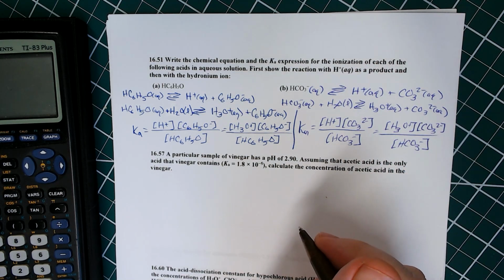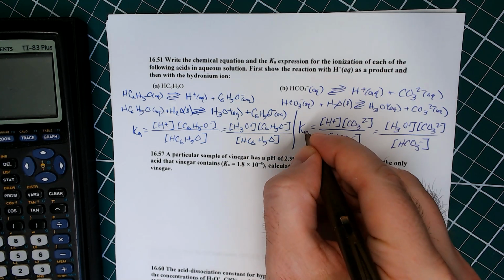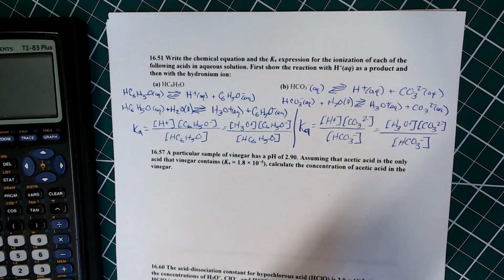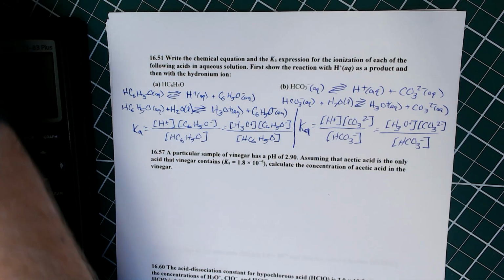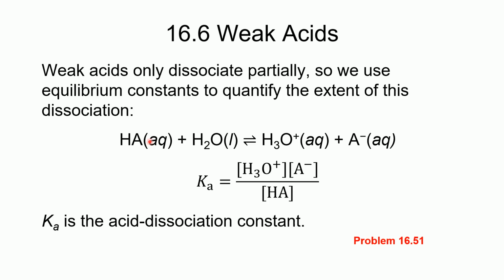And as I mentioned, both of those are legit and correct ways to write this. All right, so now that we've done these equilibrium constant expressions, we want to go back to our presentation and look at the kind of math problems that we are going to be doing with weak acids.